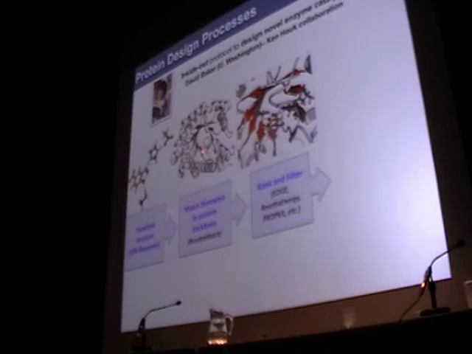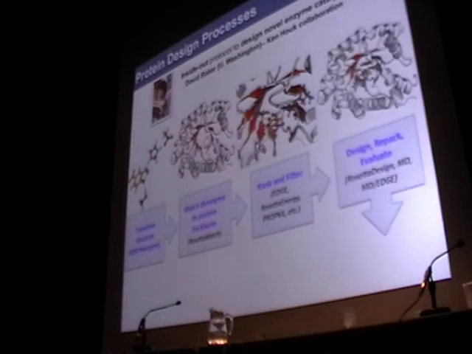Then we get many of these matches. They vary in quality. We rank them and filter them with various programs. I won't talk about the details, but then we also assess whether the environment of the protein will give the appropriate pKa's for catalytic groups and so forth.